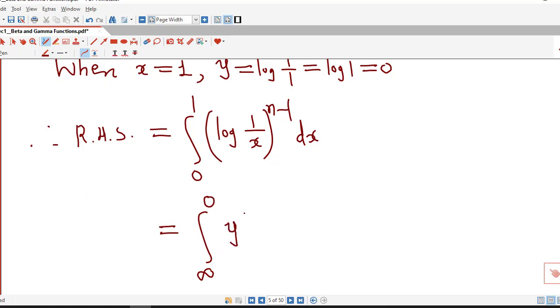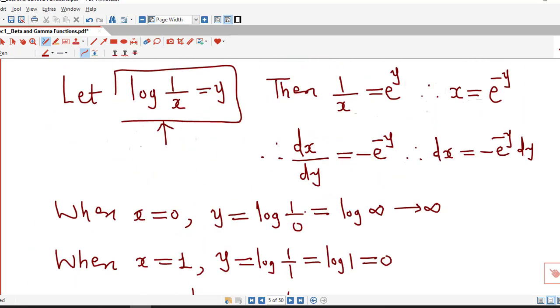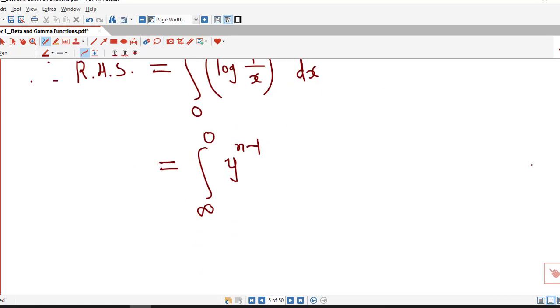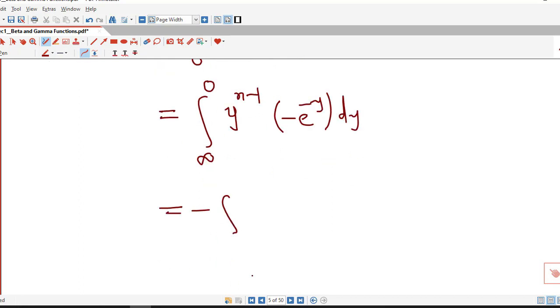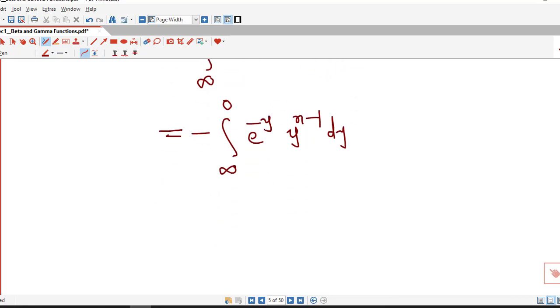Log of 1 by x is y, and dx is the negative of e raised to minus y dy. So this we can rewrite as minus the integral from infinity to 0 of e raised to minus y into y raised to n minus 1 dy. We have taken the negative sign out of the integral.